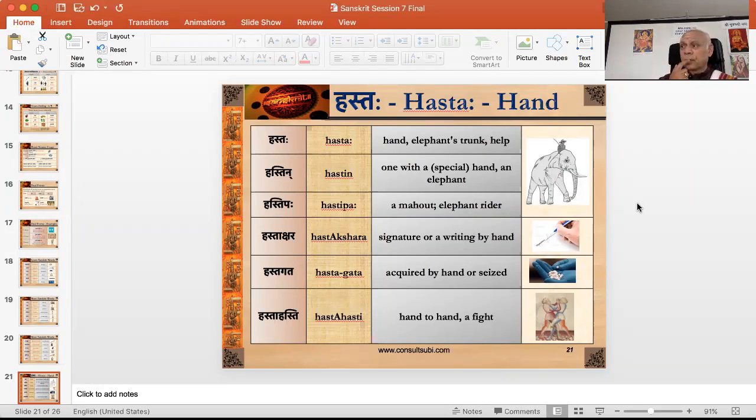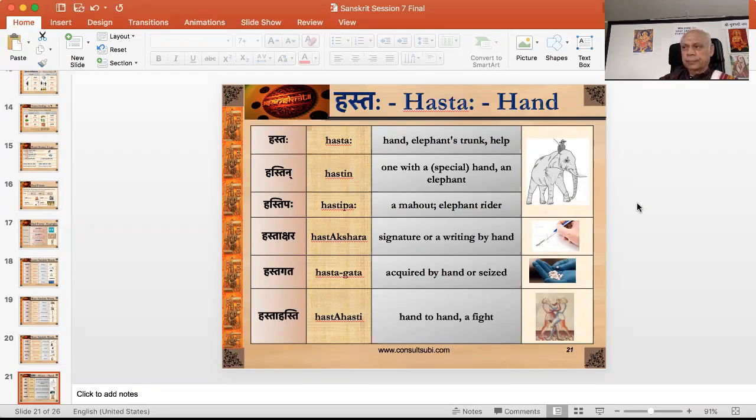It can also refer to the trunk of an elephant. The elephant's trunk is called hastaha because it is considered to be the hand of the elephant. Also referred to for help. You say, give me a hand, right? In English, when you want some help, give me a hand. So it means hastaha, help.